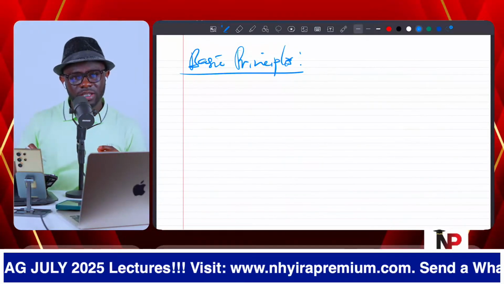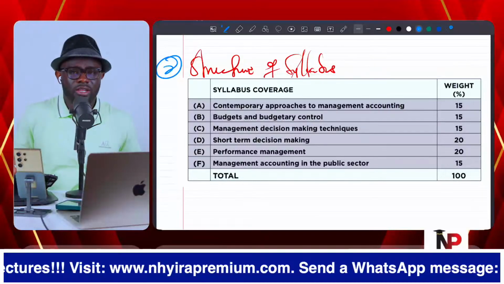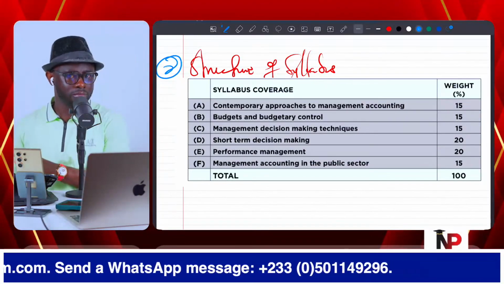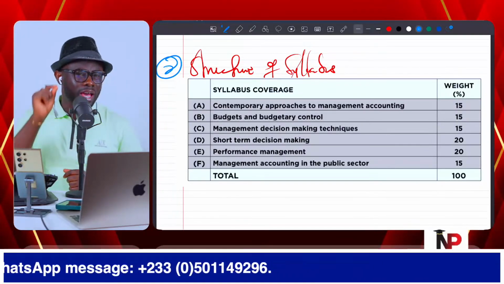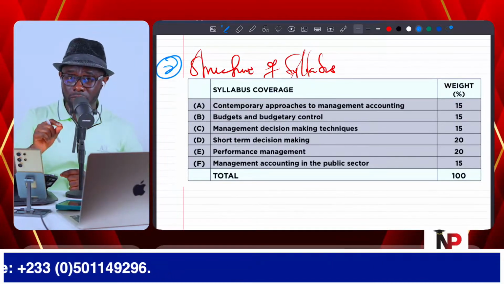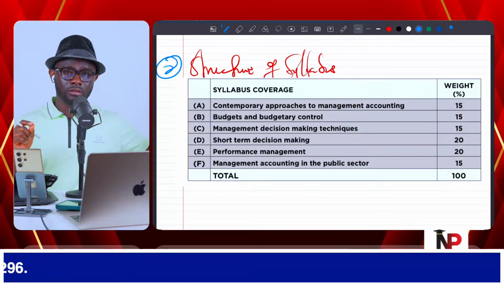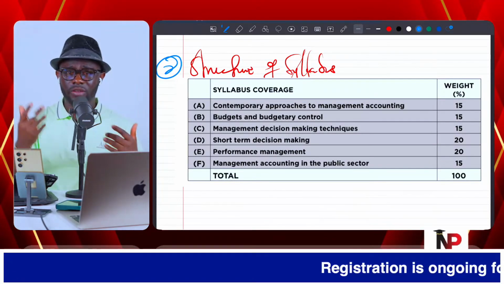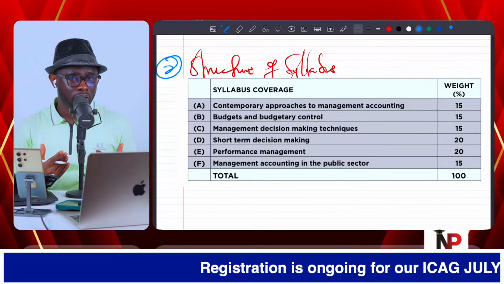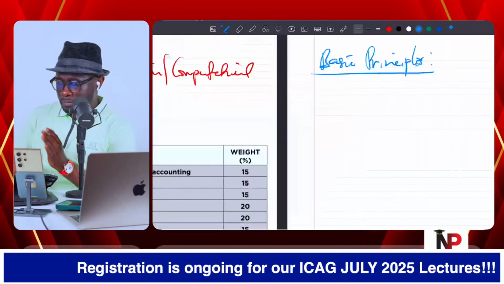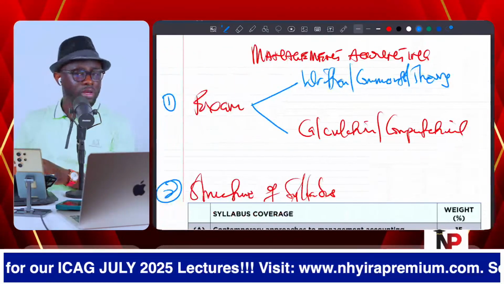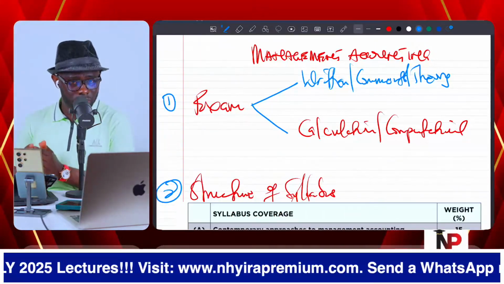Because they are not in the management accounting syllabus. The examiner expects you to have known them from level 1, introduction to management accounting, or from your degree. And so the basic principles must be known first before you come into what is in the syllabus.